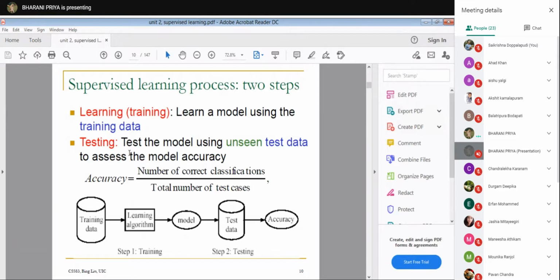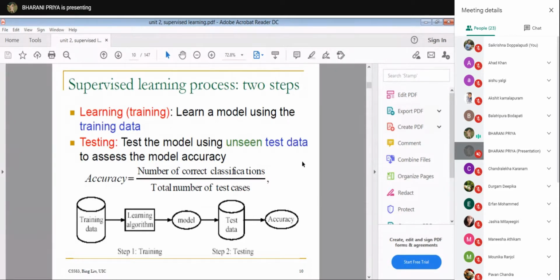So, what do you mean by identical? Identical means that the class labels should be equally distributed in training data as well as in testing data. If I have 3 class labels, and your training data consists of all 3 class labels C1, C2, C3.